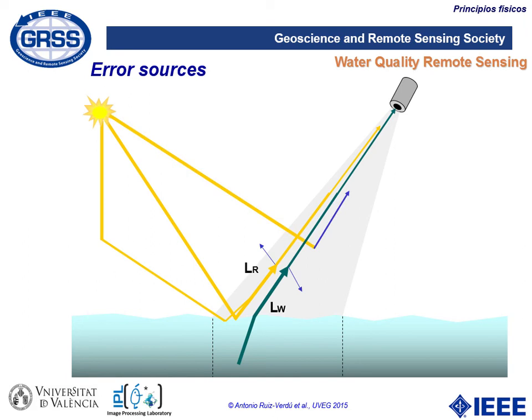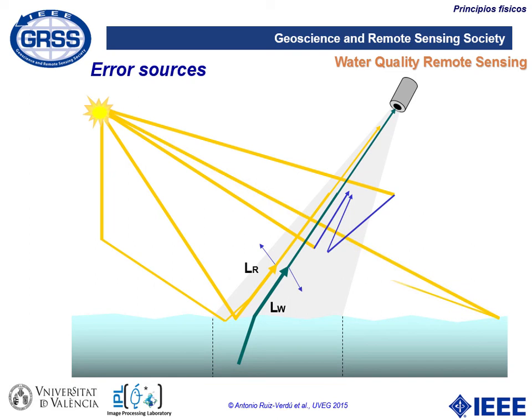But also light which is solar light, which is being dispersed in the atmosphere or coming from the reflection of a pixel outside the field of view, which is collectively called path radiance.